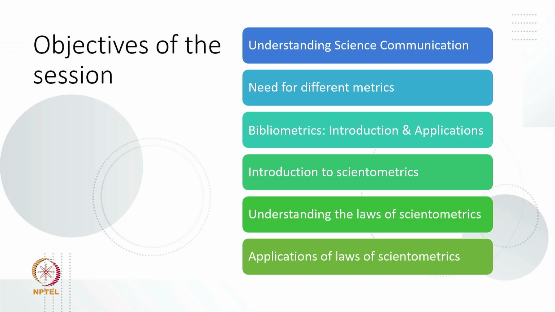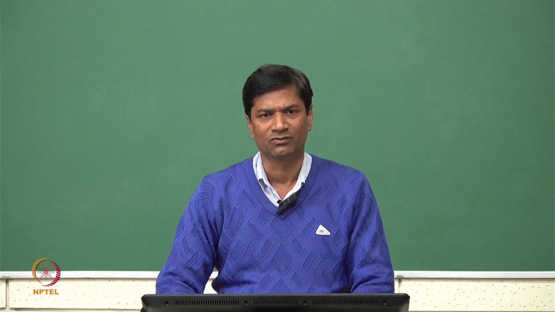After that, we will discuss bibliometrics, its introduction and applications. Then we will move to an introduction to scientometrics, its applications, and the different laws of scientometrics. We will be discussing the different applications of scientometrics also.